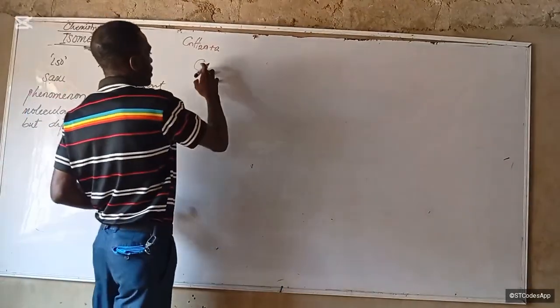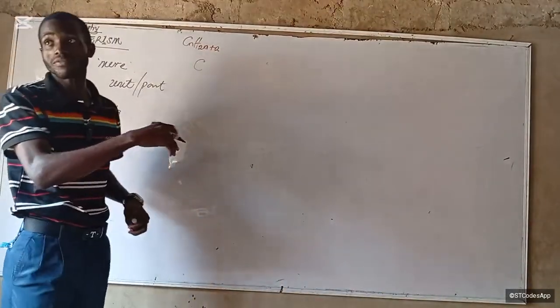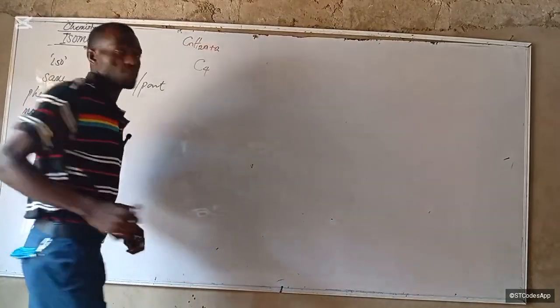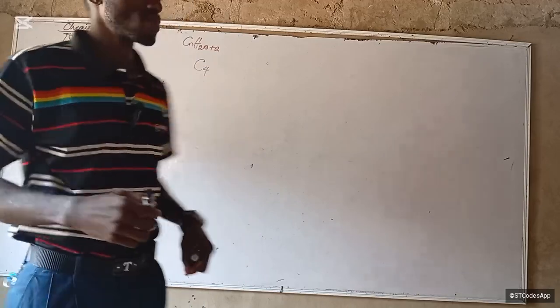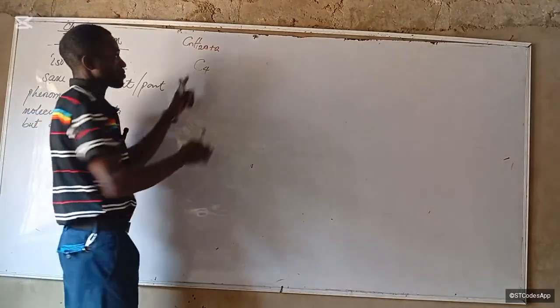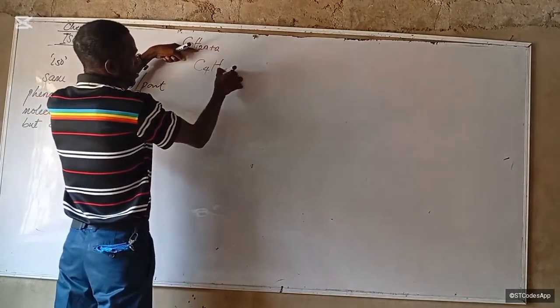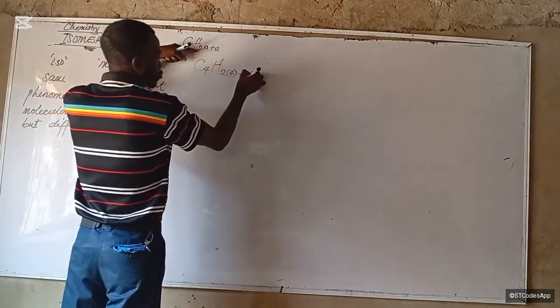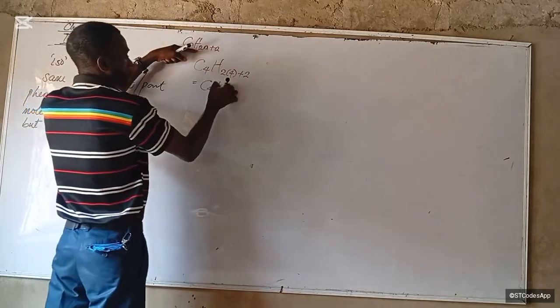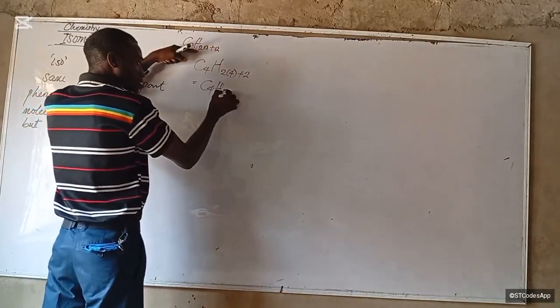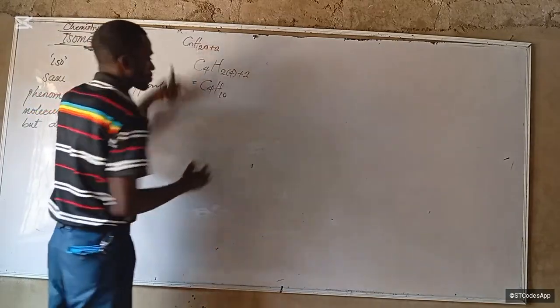Let's say n was 4. If n was 4, the molecular formula was C4H2(4)+2. Does that make sense? C4H what? H10. Good.